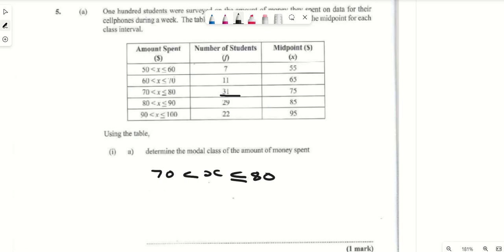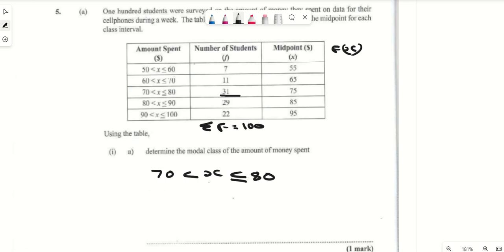And f of x would be, this is our next part you have to add in, f multiplied by x. So this is the summation of f. When you add up all these, it's going to give you 100. So that means 7 plus 11 plus 31 plus 29 plus 22 would give you 100. You just use a calculator and that would tell you how much.